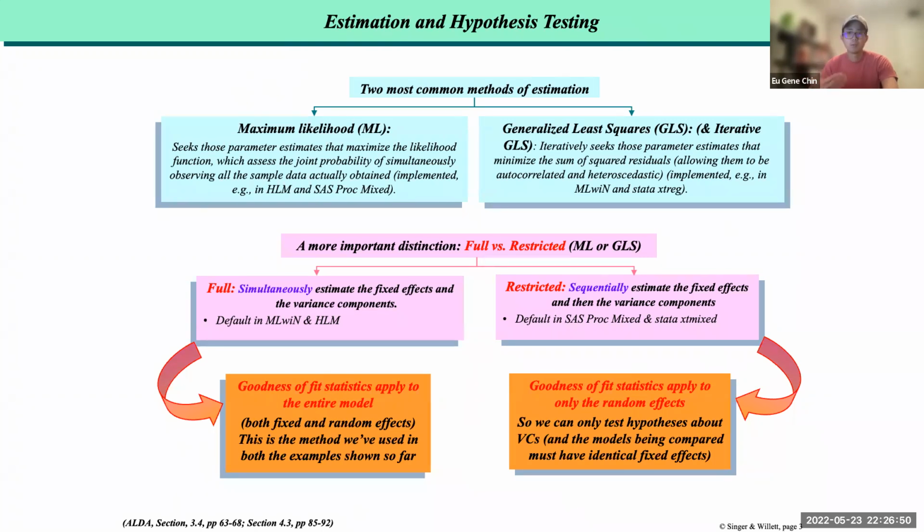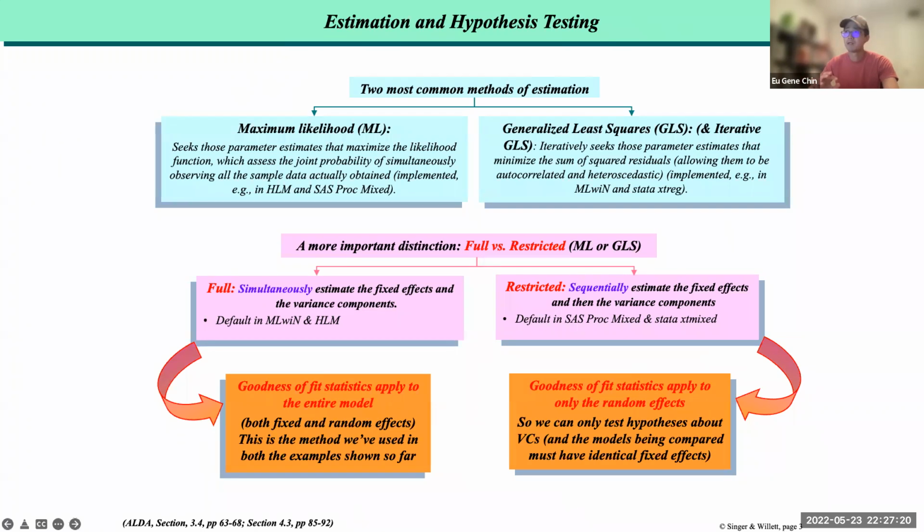And then it'll keep doing that to the point whereby there is not that much more precision that is added to your parameter estimates. So it's basically repeating that process multiple times for iterative GLS. So that's GLS in a nutshell in regards to how it's seeking to estimate those parameter estimates.